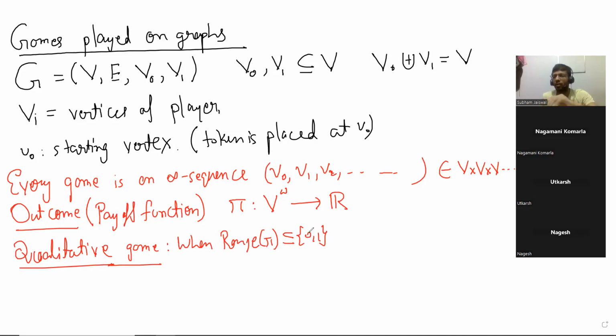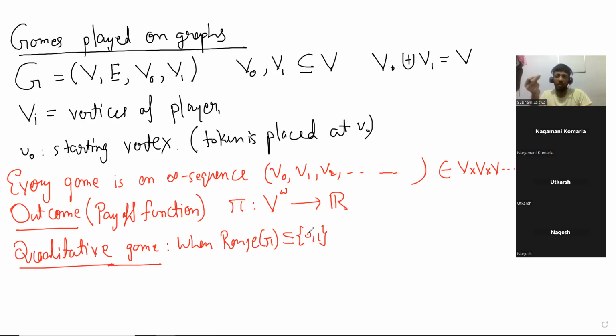It could be something like the game starts at v0 and there is a target vertex v final, and the goal of, let's say, player 1, keeping with the example I have in mind, which later we will actually solve the algorithm for, will develop the strategy for.